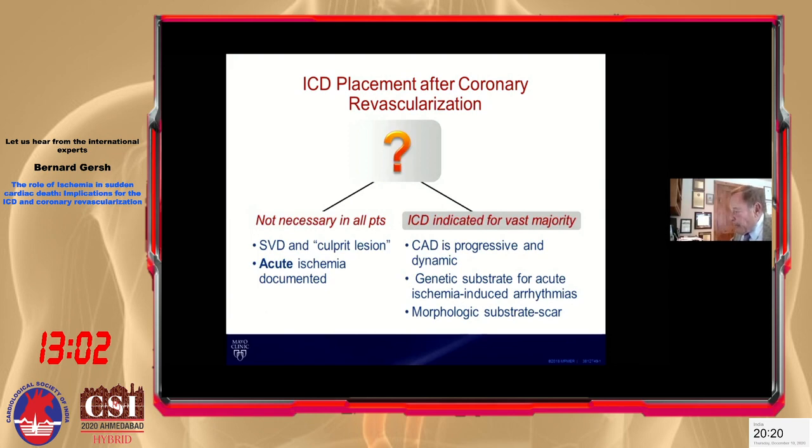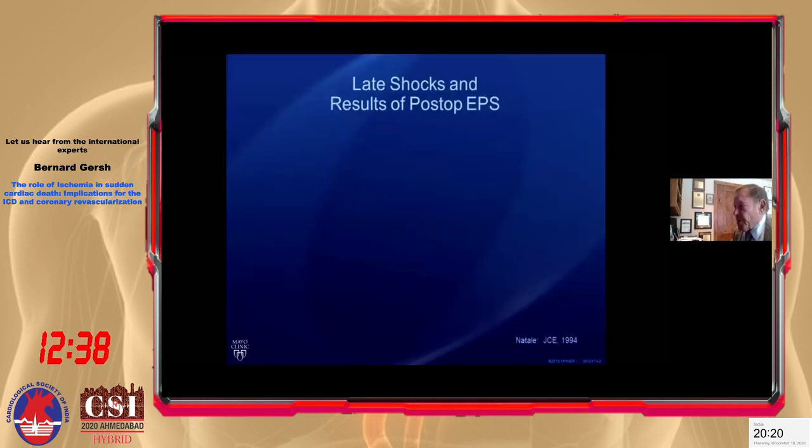So this substrate for ischemia-induced arrhythmias, if they presented with a cardiac arrest the first time, they may present with a cardiac arrest the second time when the disease is progressive. And they still have a substrate. Many people who've had an MI still have scar, which is a reentrant arrhythmia substrate. So ICDs are indicated for the vast majority.